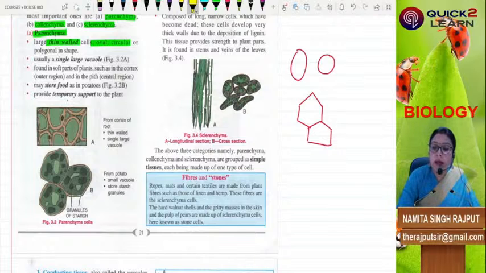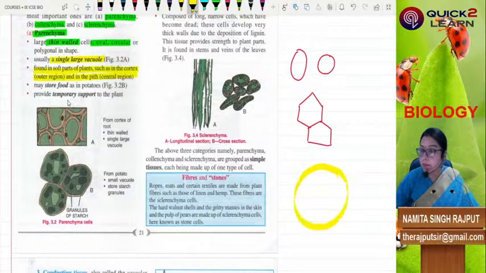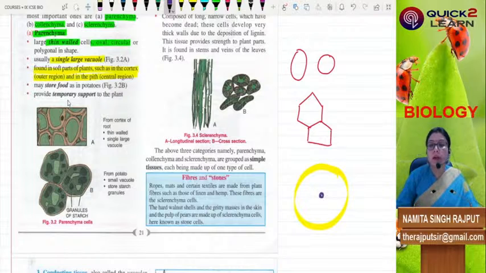They usually have a single large vacuole, and they are found in soft parts of plants such as in the cortex, that is the outer region, and in the pith, that is the central region of the plant. Pith is the center of the stem: if you take a TS, transverse section, in the center you will find this region known as pith.